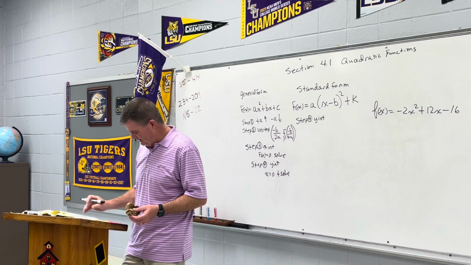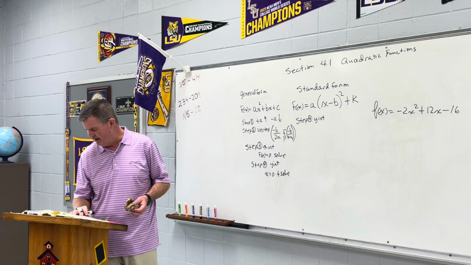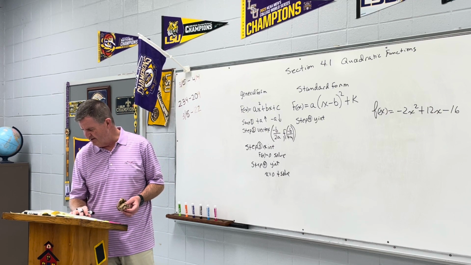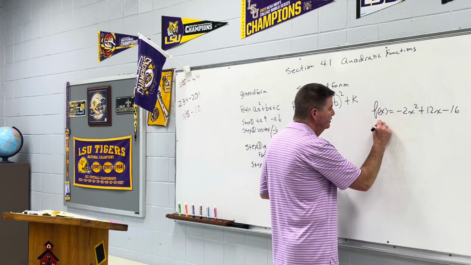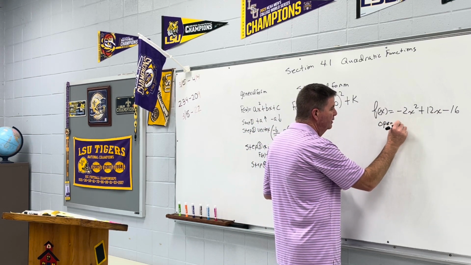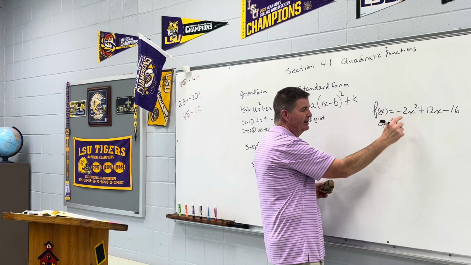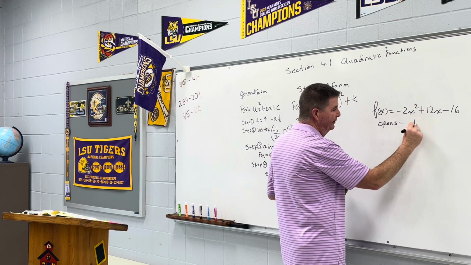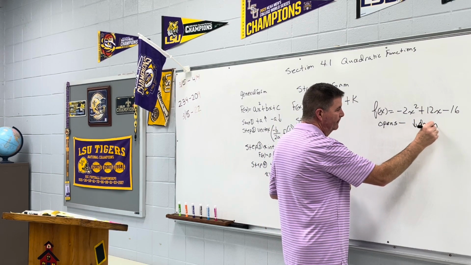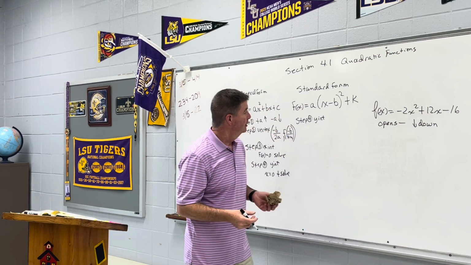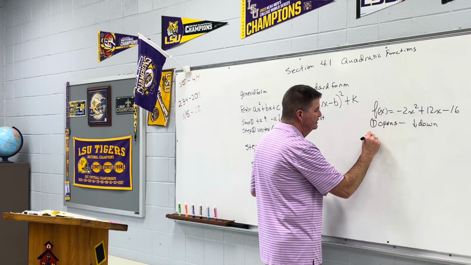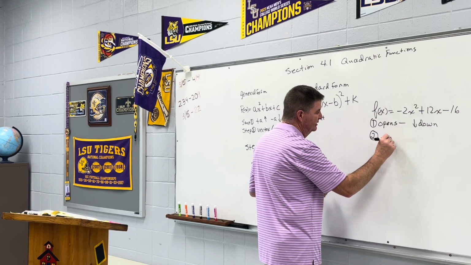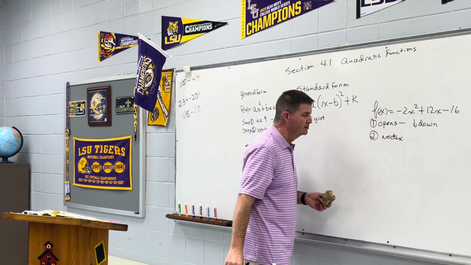And they want us to find the vertex. So first part, opens. We look at it, A is negative, so opens down. That's just for our own knowledge. Second part, we want to find the vertex, because that's really what they're asking for this question.